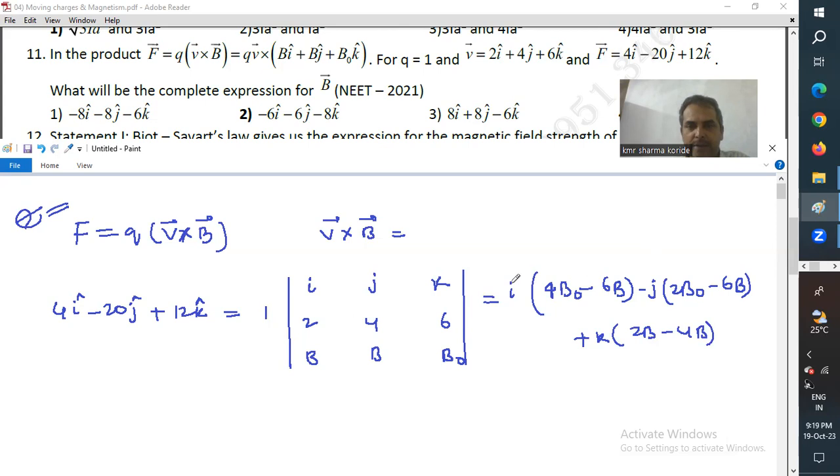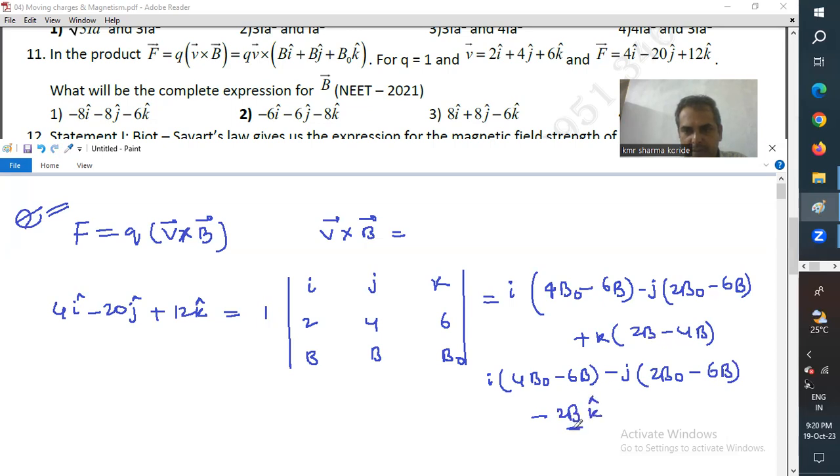Let us compare both sides. Let me rewrite. So this is I cap (4B naught minus 6B) minus J cap (2B naught minus 6B) plus K cap (minus 2B).